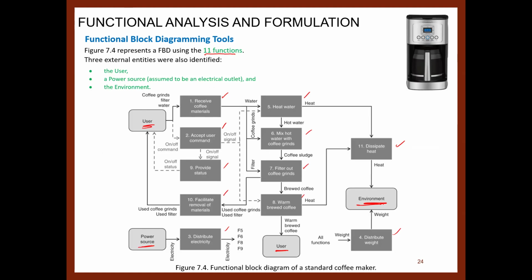So yeah, another way to represent how the functions of your system are going to be integrated. Again, here we are not showing any technology. This is not telling you what technology you're going to be using to build your coffee maker. This is just stating the functions for your coffee maker.